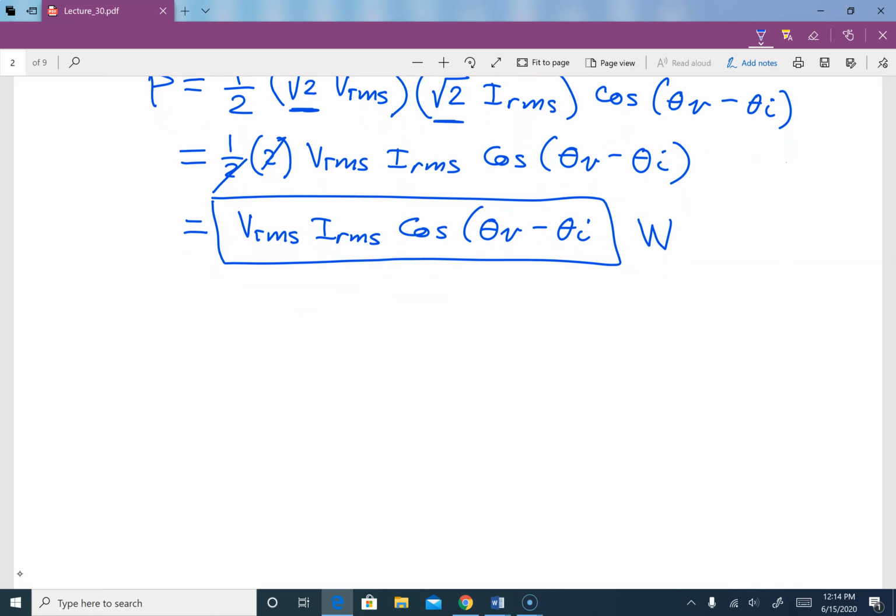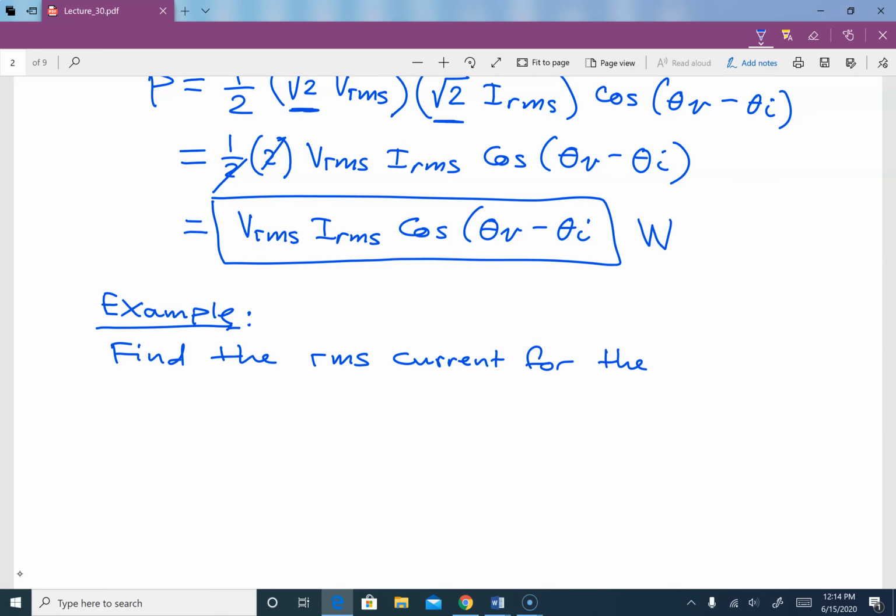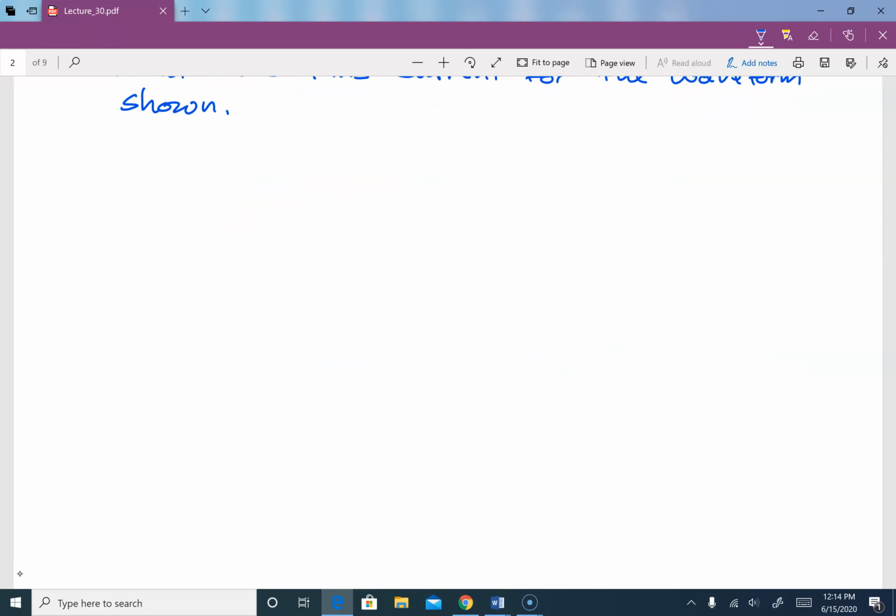So let us go over an example to find an RMS value for a given waveform. We would like to find the RMS current for the waveform shown here. And this is our waveform.